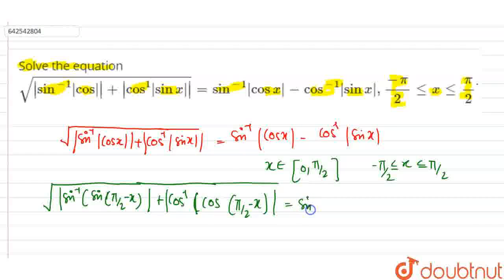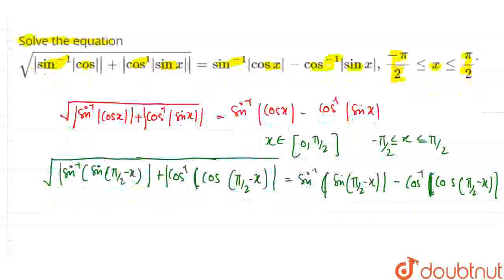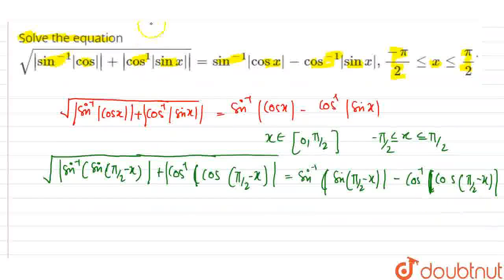So it is sine inverse of sine pi by 2 minus x, this is mod, minus cos inverse, this is mod cos pi by 2 minus x, right guys? So we are considering this left hand side and right hand side by converting cos into sine and sine into cos, right?